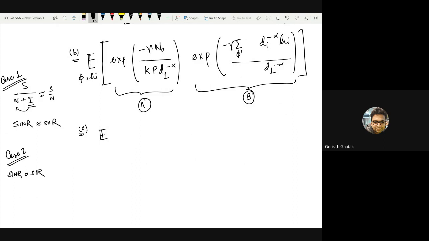So this is called a noise limited network. This is called an interference limited network. In that case, you only have to evaluate expression B by taking an expectation over phi and HIs.